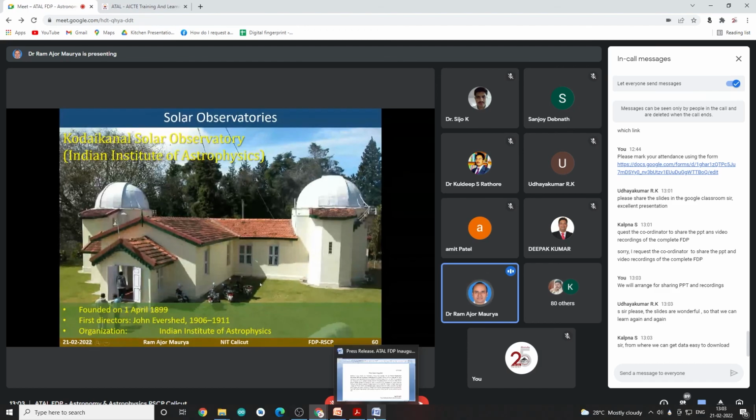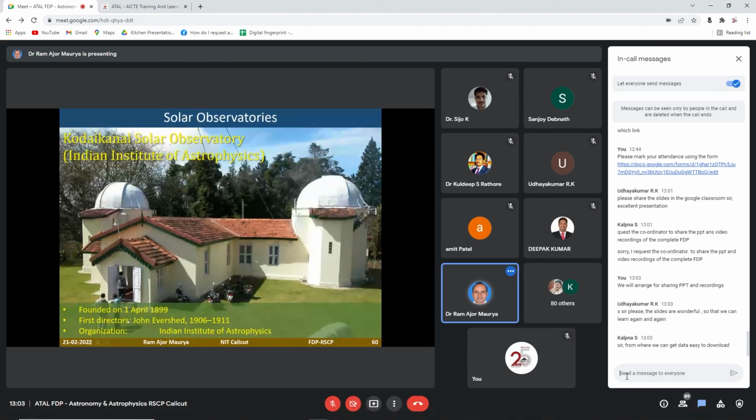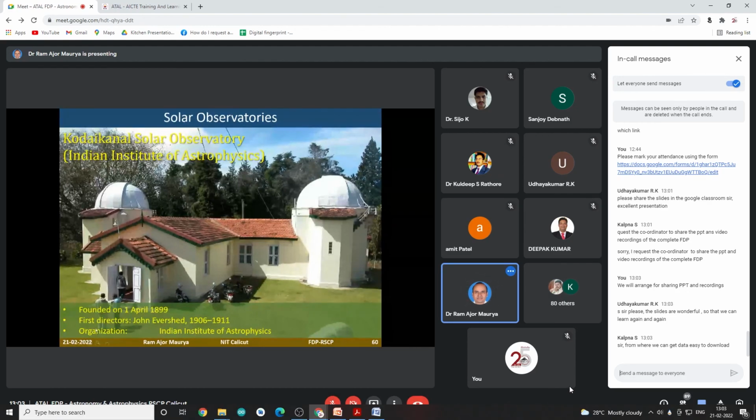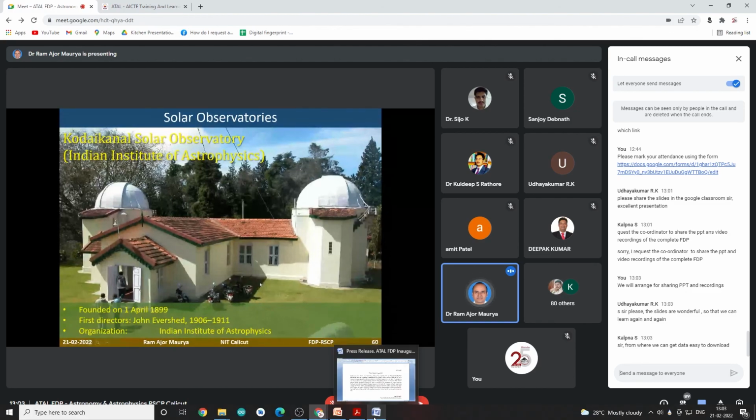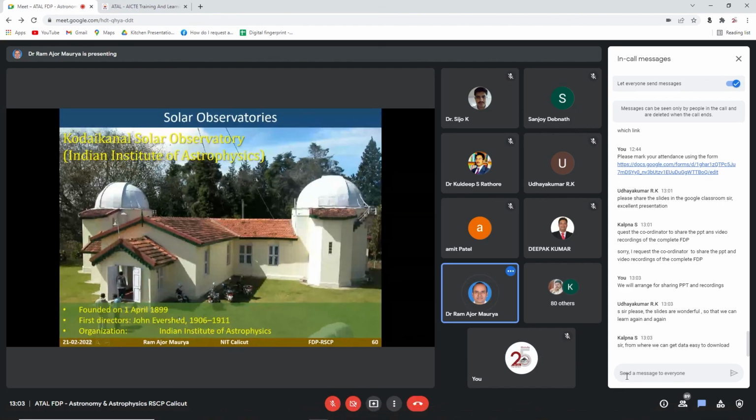These are different space-based observatories, and they provide better data, as there is no atmospheric contamination. But there are constraints with space-based observatories also. One thing is that it is very expensive to set up a telescope in space, and it is also difficult to repair and upgrade once you have set it up.